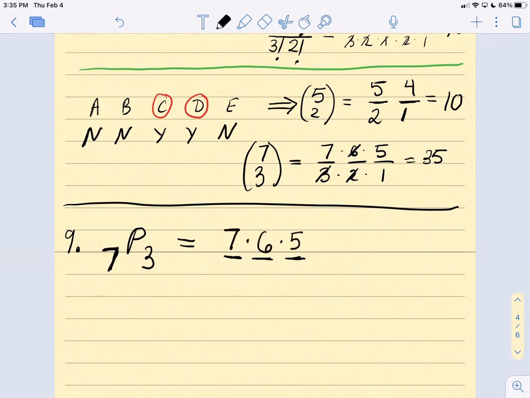This will be 7P3. If you did, for example, 10P4, this would just be 10 times 9. You do 4 spots, 10 times 9 times 7 times 6. Okay, so these are permutations.